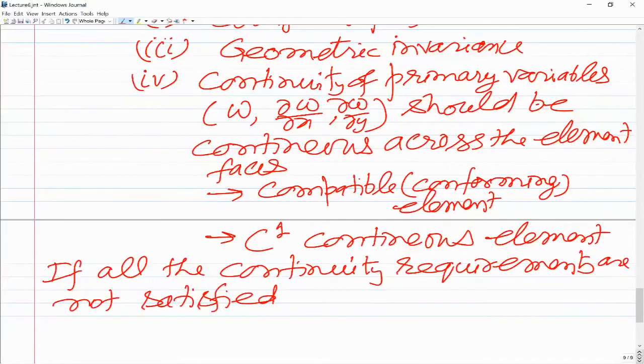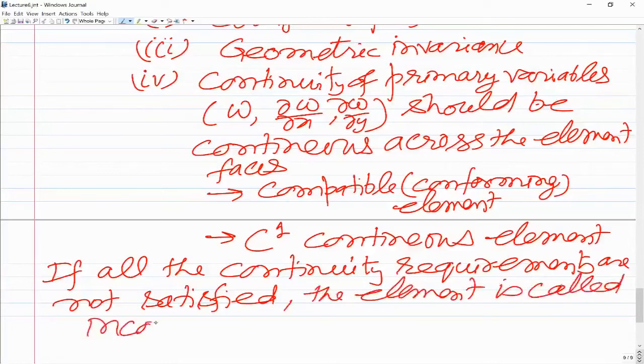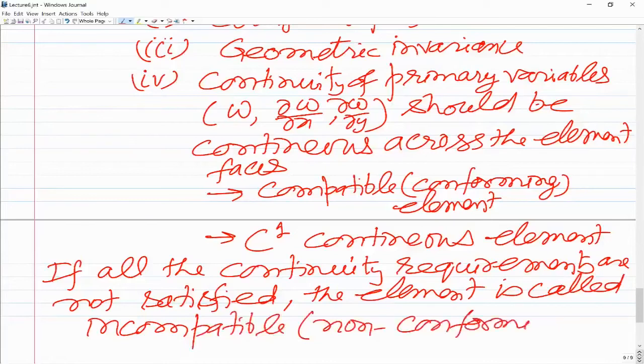In the other face, w and del w by del x are continuous, but del w by del y is not continuous. So that kind of elements may be there. For those cases, if all the continuity requirements are not satisfied, then that element is called incompatible or non-conforming element. It is called incompatible because it doesn't satisfy the compatibility condition.